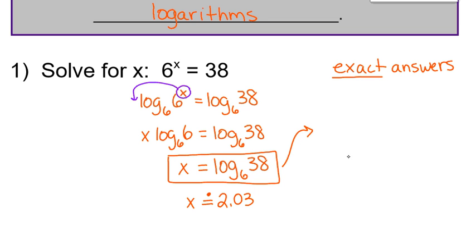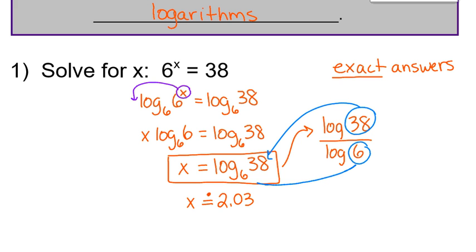You can change the base and make it log base 10 of 38 over log base 10 of 6. So this is using what we call the change of base formula. The 38 comes from the argument of the logarithm, and the 6 comes from the base of the logarithm.